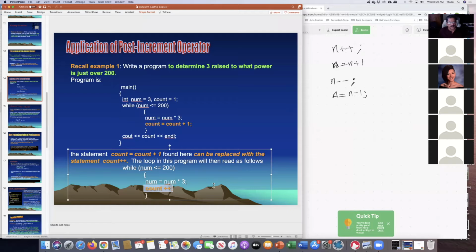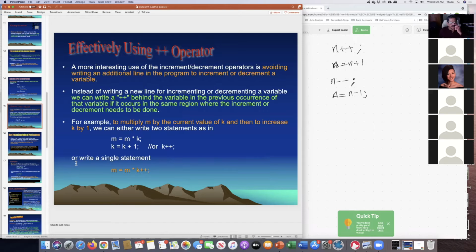So the body of the loop changes. Count plus plus is a statement by itself with a semicolon behind it. It didn't make much difference. The plus plus operator didn't make the program shorter or anything. But we'll see later it'll be useful when you use the plus plus in an expression.